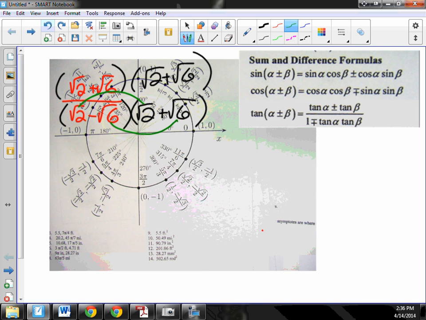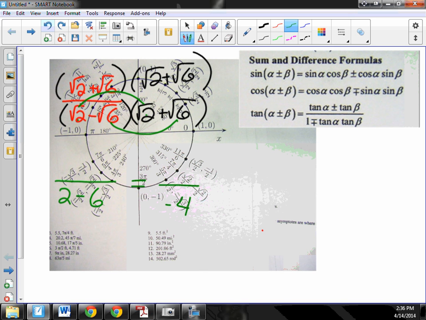What is root 2 times root 2? Root 4, which is 2. That's nice. What is negative root 6 times root 6? Negative root 36, which becomes 6. So that wasn't too bad. So it's just negative 4.